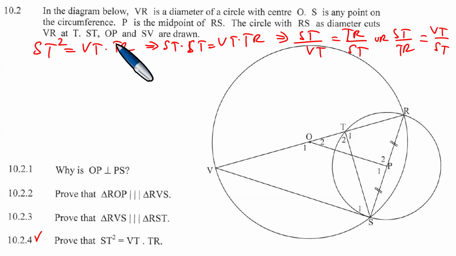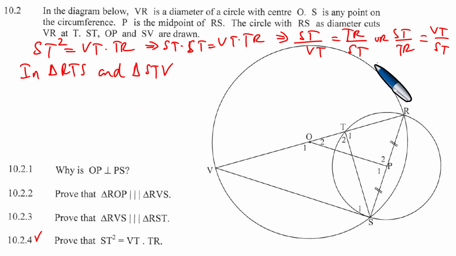Why do we write it like this? We write it like this because of a variety of reasons, but we need to establish some results. We need to just decide the triangles in which to work. So in any case, what this is showing us is that we're going to work in triangle RTS and triangle STV.